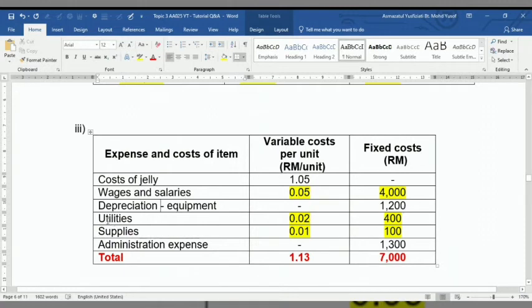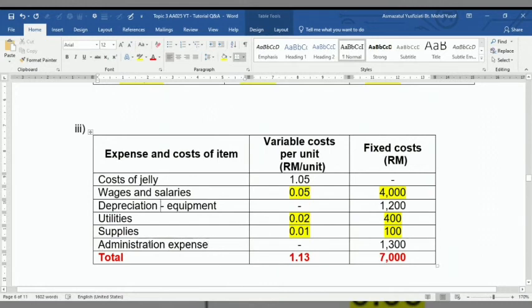Okay, now for utilities and supplies also same. They are the mixed cost. Just now you have calculated. For utilities, variable cost is 2 cents and fixed cost is 400. For supplies, the variable cost is 1 cent and the fixed cost is 100. Next, go to administration expenses.